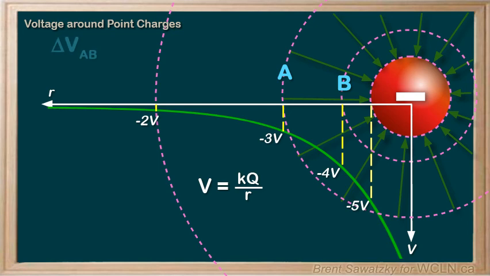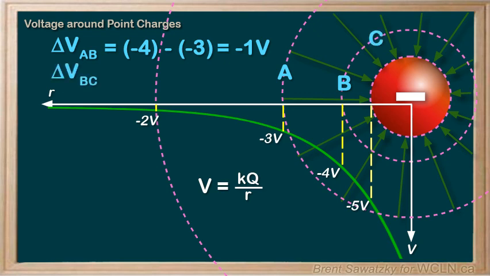So, delta V, or the change in voltage, would be negative 4 minus negative 3. 2 minuses make a plus, so negative 4 plus 3, or minus 1 volt. We drop our potential by 1 volt, moving from A to B. How about moving from B to C? Well, in this case, we're staying on the same equipotential line, and thus the voltage does not change. So delta V is 0.